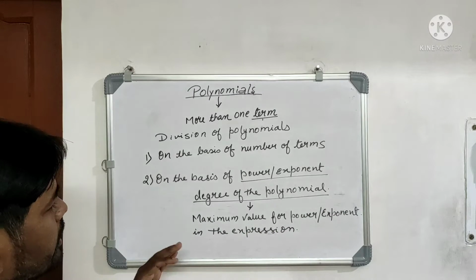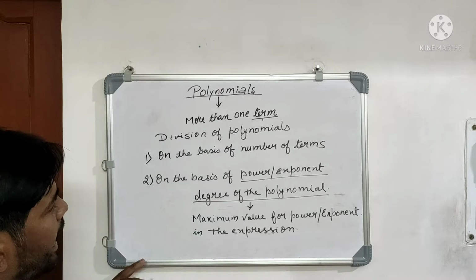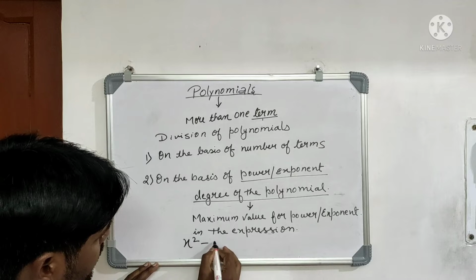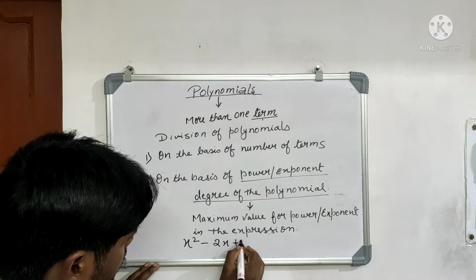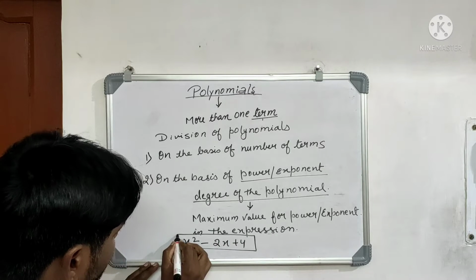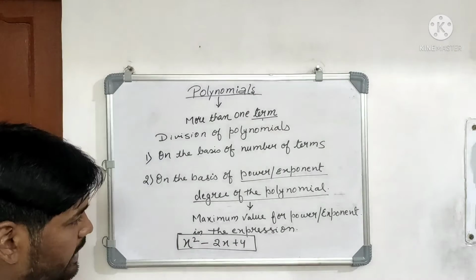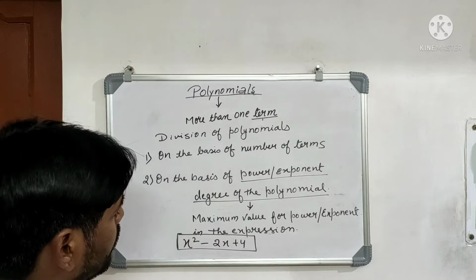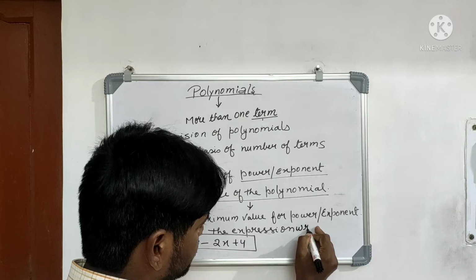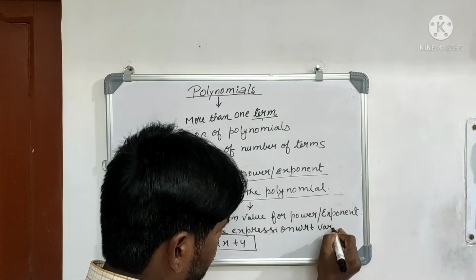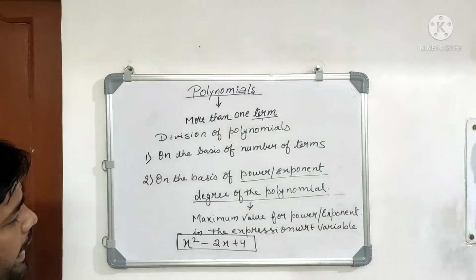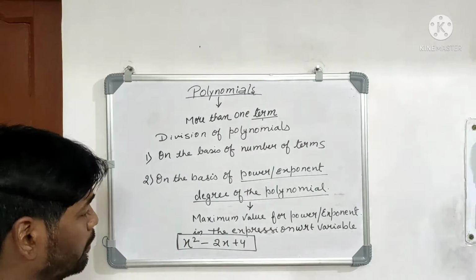So let us say we have an expression like this: x square minus 2x plus 4. For this expression, the maximum power with respect to the variable will help you find out the degree of the polynomial.